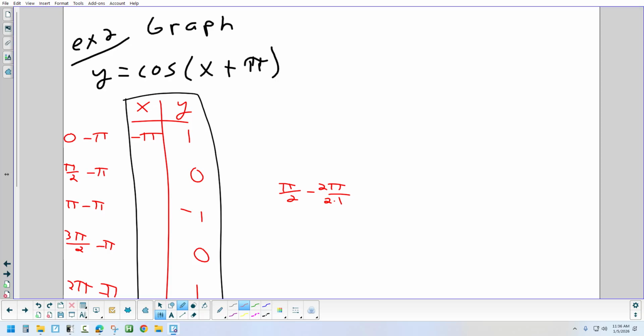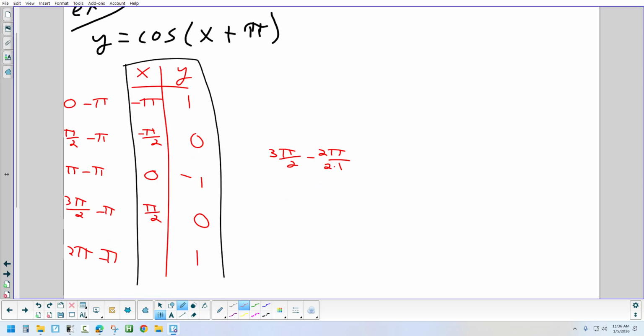The next x value, pi minus pi, 0. The next one is 3 pi over 2 minus pi. It's the same as the one we just did off to the side, except just put a 3 there. So that's pi over 2. And 2 pi take away pi is pi.